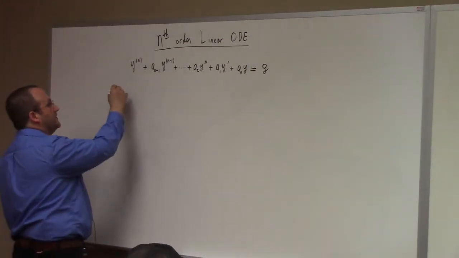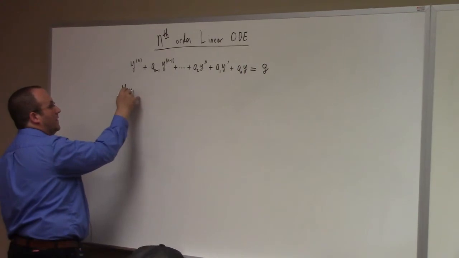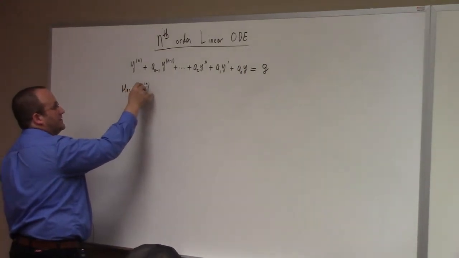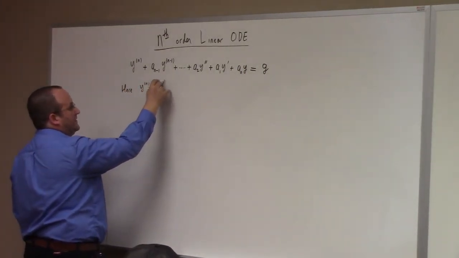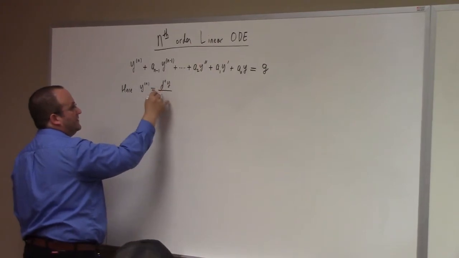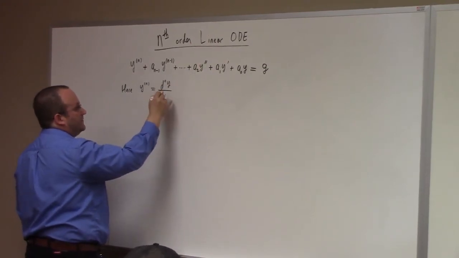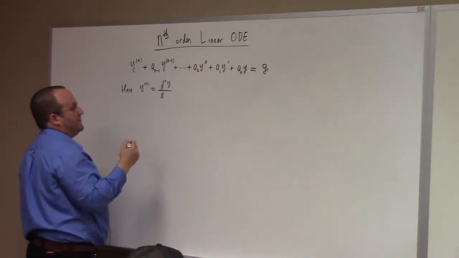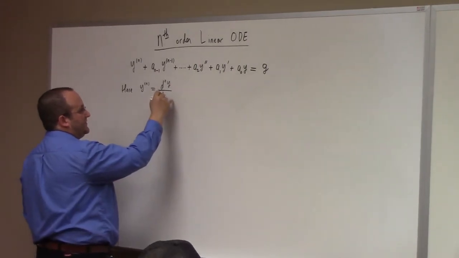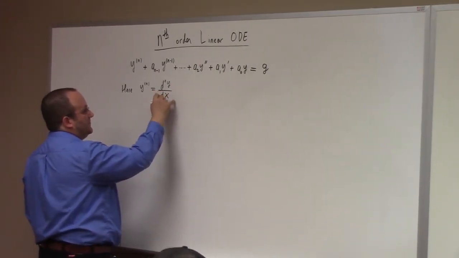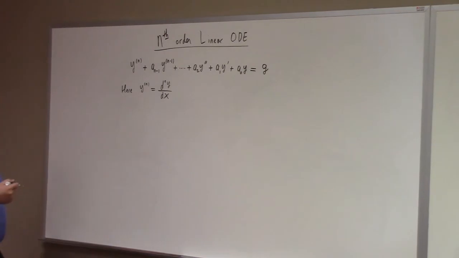Okay, so here, this notation means the nth derivative of y with respect to, I guess it's not clear yet, but let's say x for the sake of discussion. Sometimes we'll use t for the independent variable.